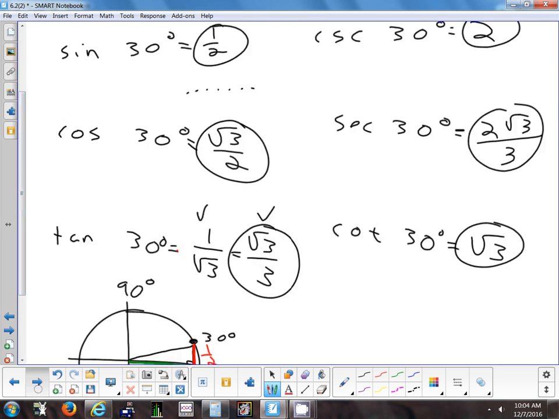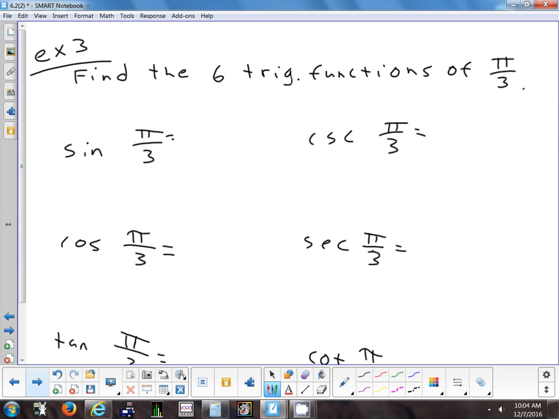All right, so now we're going to start skipping around. Well, actually we'll do one more and then we're going to try going to different quadrants. This is asking me for the 6 trig functions of what? 60. Yeah, that's 60. So what's your coordinate for 60? It's 1/2, square root of 3 over 2.